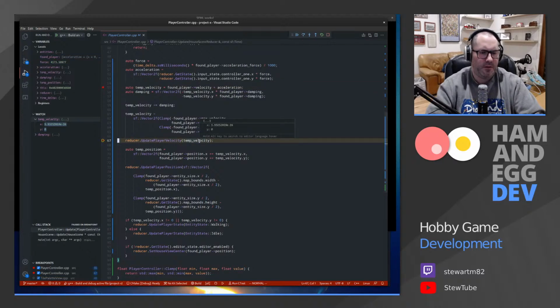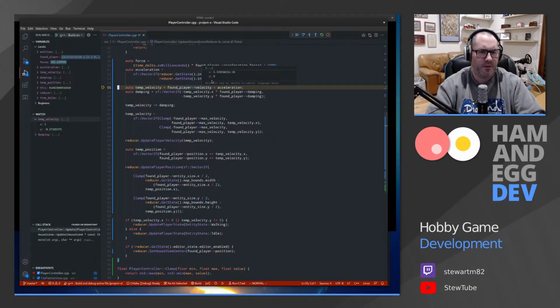Temp velocity 5.9. Okay, so that's working. So the velocity is 5.9, 5.3. Okay, so that is actually 4.3, 3.8.